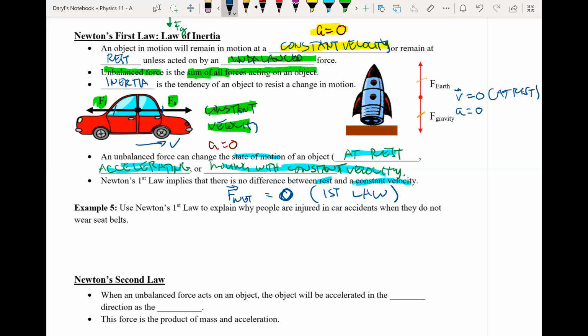So the net force acting on the object is 0 if, again, the object is at rest or moving with constant velocity.